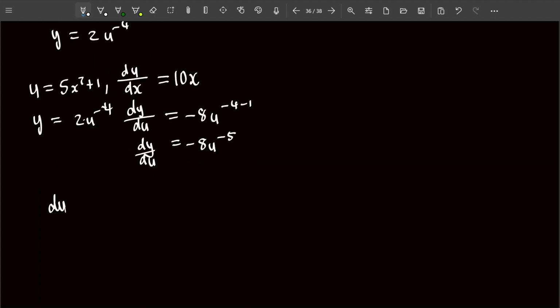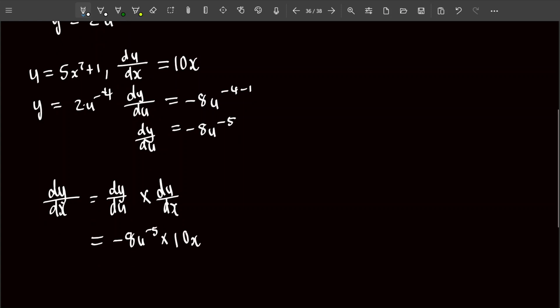Then now the one I want, dy dx, is equal to dy du times du dx, which is going to be negative 8u to the negative 5 times 10x.